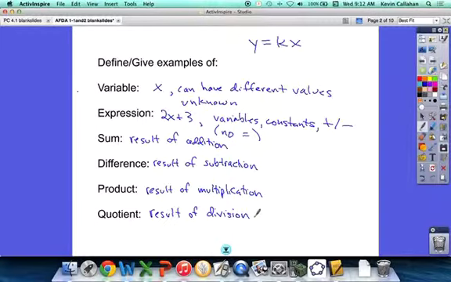It's kind of implicit. You're supposed to understand right away what that means. You can't be stuck on that one word. Product, I think we're pretty good with. Quotient might seem like a word we don't use very much, but that is part of it.